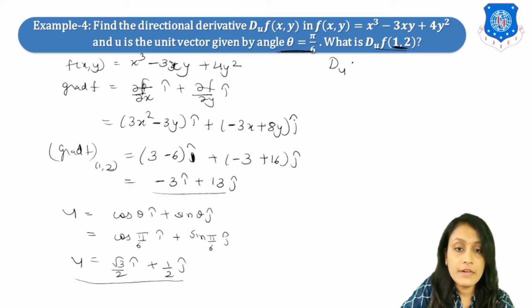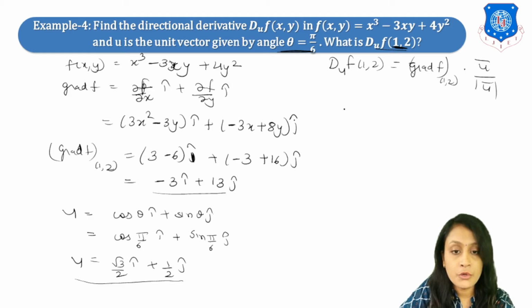So the directional derivative of u at (1, 2) is equal to what? Gradient of f at (1, 2) into the direction, that is u, upon its magnitude, okay. Now the answer of the gradient is what? Minus 3i plus 13j, okay. And the direction is what?